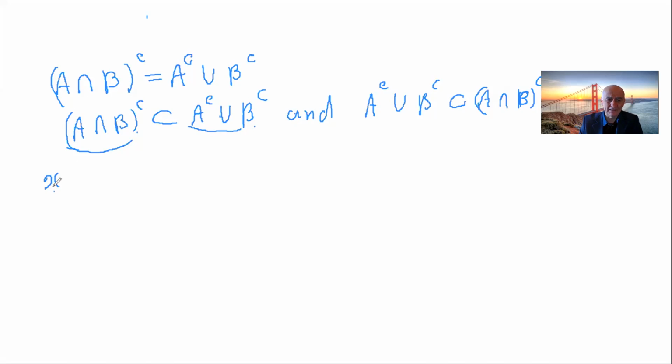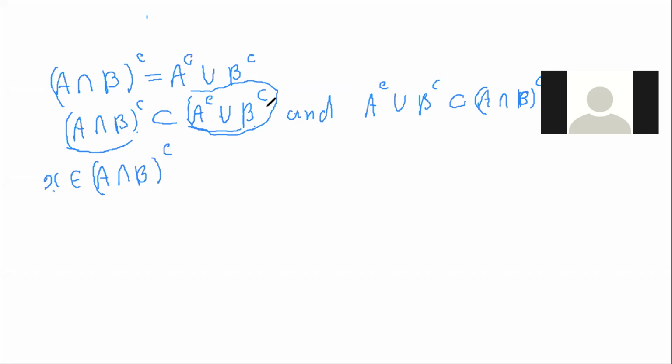So I will take X belonging to it. And if I prove that this element X is an element of this set, what does it mean? It means that this set is a subset of this set.